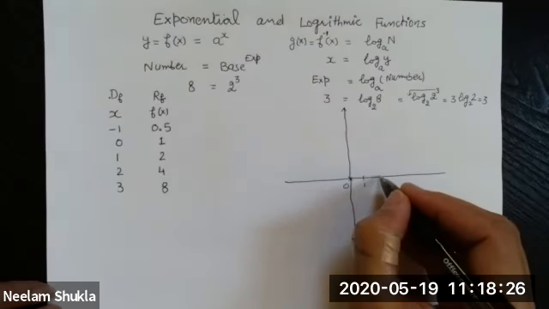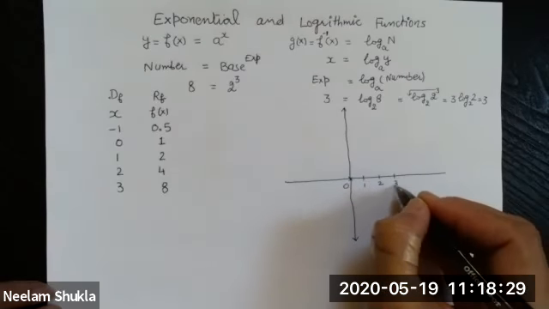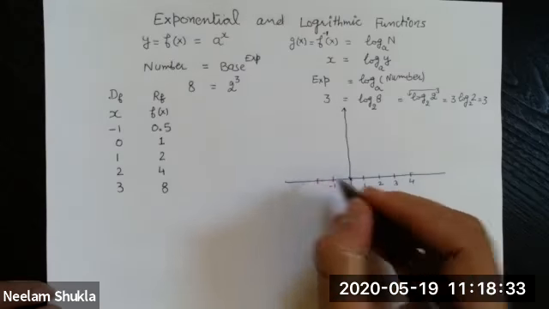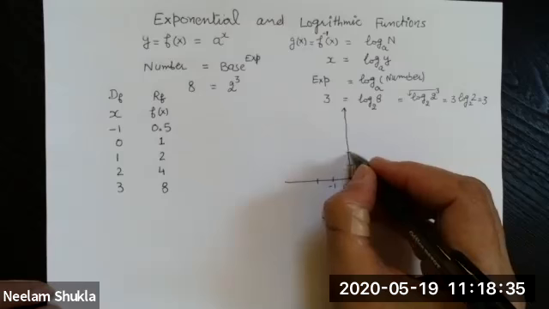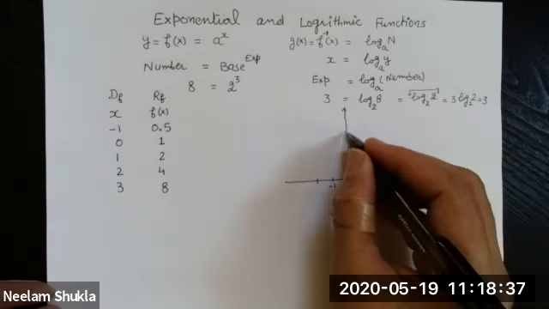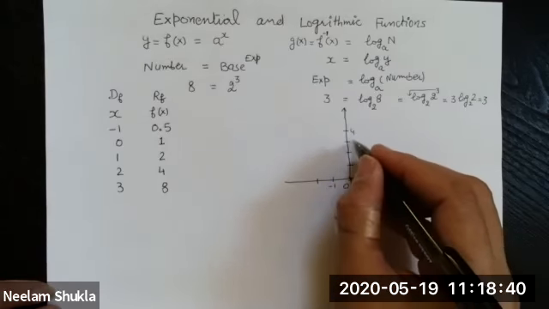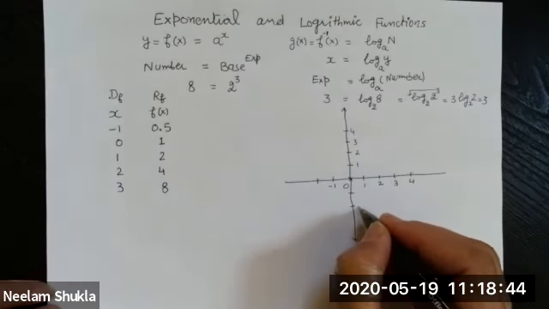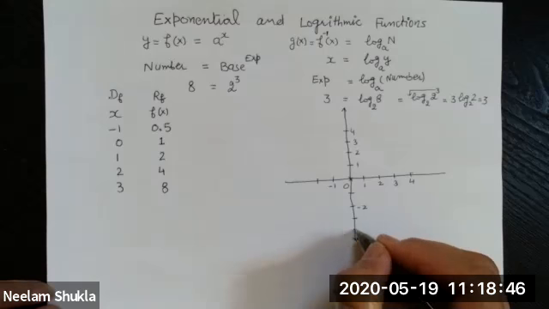We will highlight the points here for the graph and consider the y values here, the positive y values. And then you have some negative y values here below the x-axis.